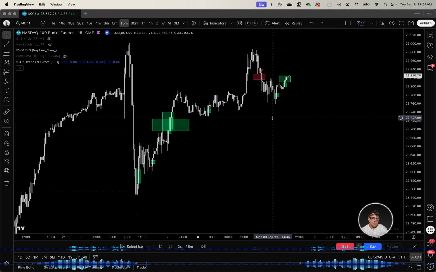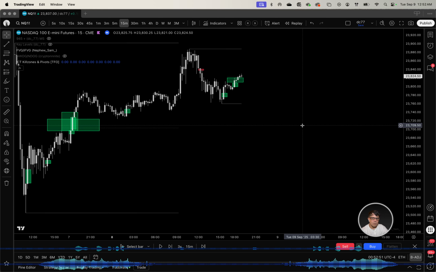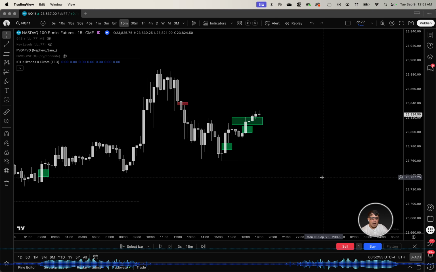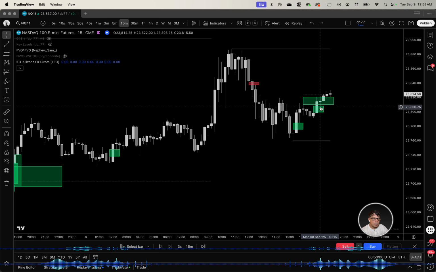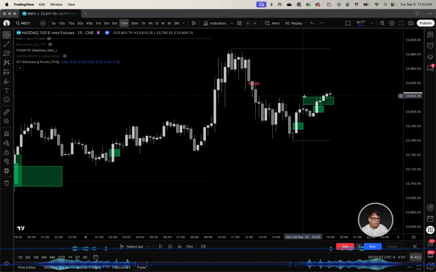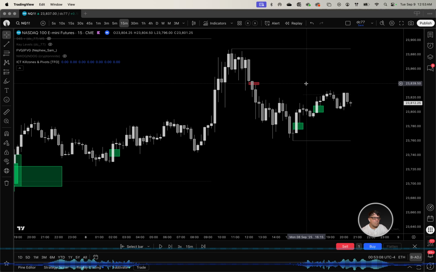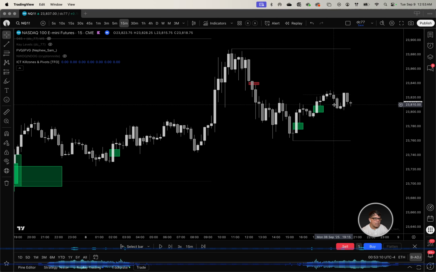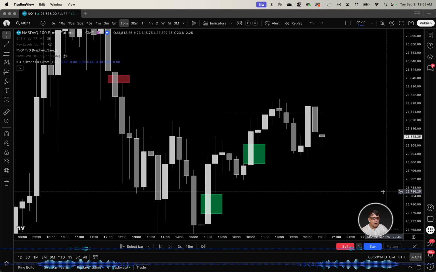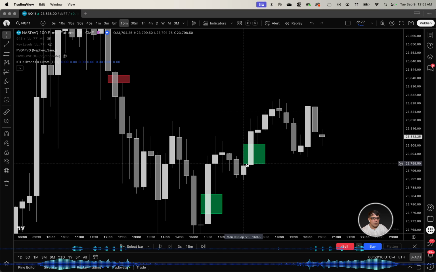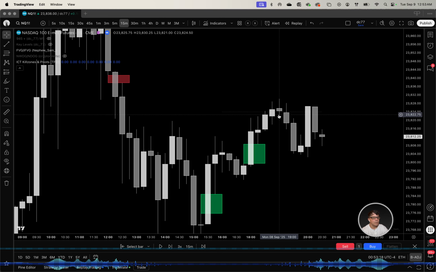Let's get on. Okay, notice that as New York closed on an inside day, Asia takes us straight back to the EQ of the New York range. Notice the magnet effect as well on these 15-minute candles. We get our 1800 open, we're going straight to EQ.